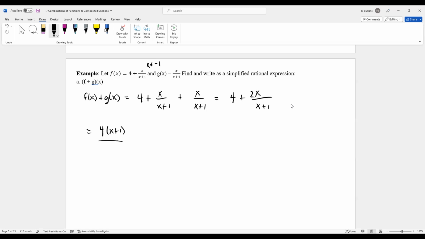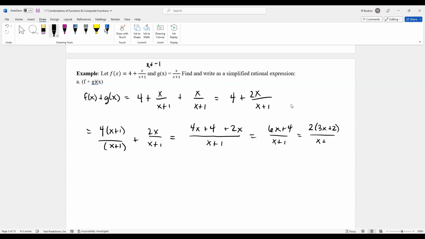So I would multiply the top and bottom of this fraction by x plus 1. That's going to give me 4x plus 4 plus 2x all over x plus 1. And that's going to give me 6x plus 4 all over x plus 1. And I might even go a little bit further and take out a 2. Write it like that.